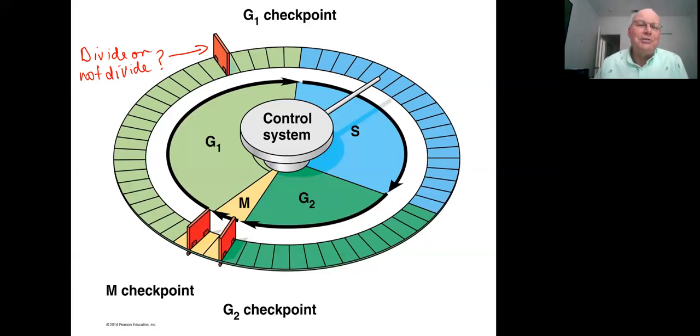Is the cell going to be given permission to divide or not divide at this point? Down here at the second checkpoint, we're going to talk a little bit more about the G2 checkpoint. Here it's mitosis or not mitosis.